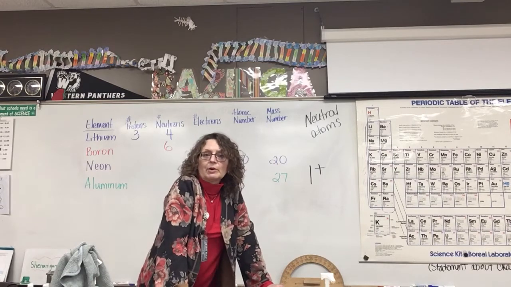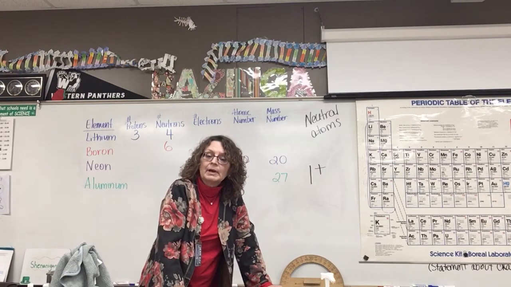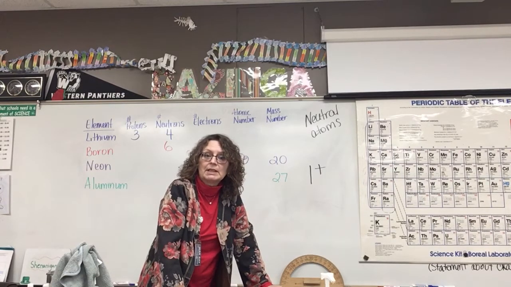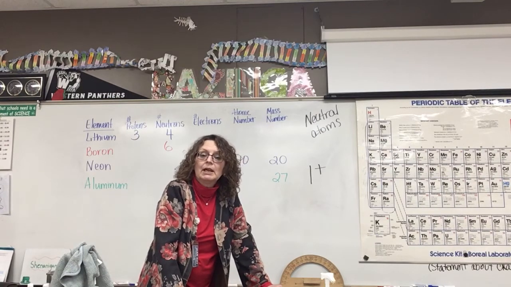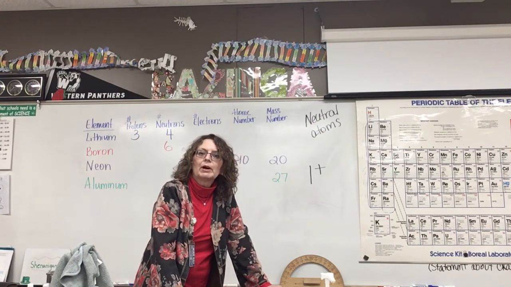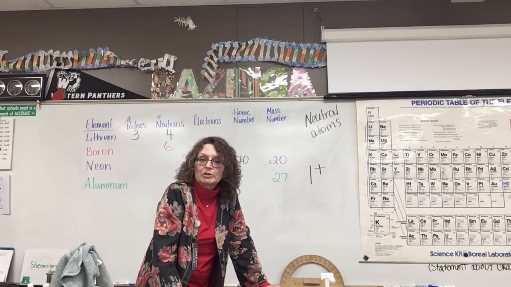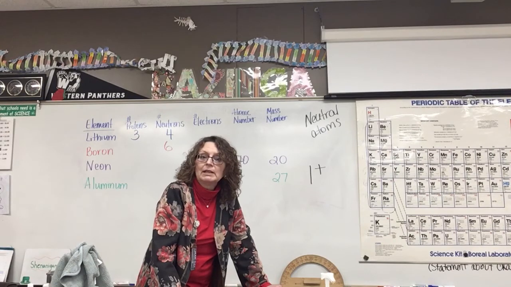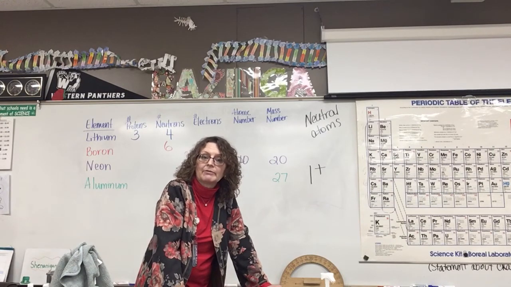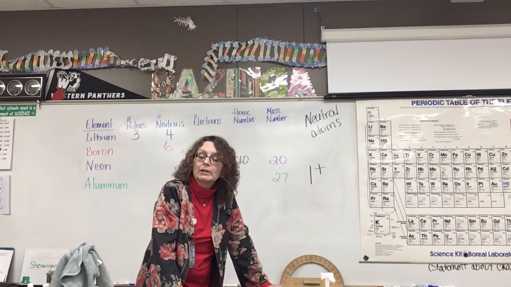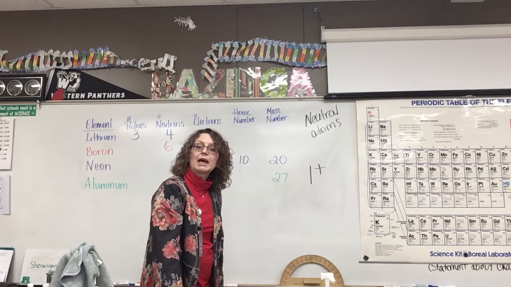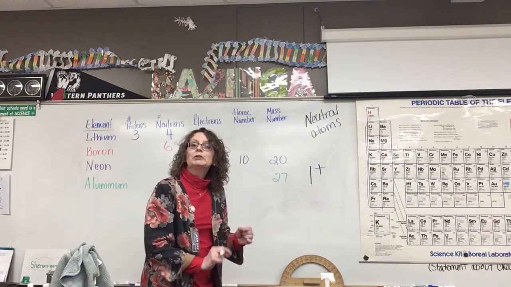We'll be doing only neutral atoms on this data table. They have to have an equal number of negative and positive charges. Electrons are the negatively charged particle. So how many electrons will a hydrogen have? It'll have 1 electron because it had 1 proton, and we want a neutral atom.